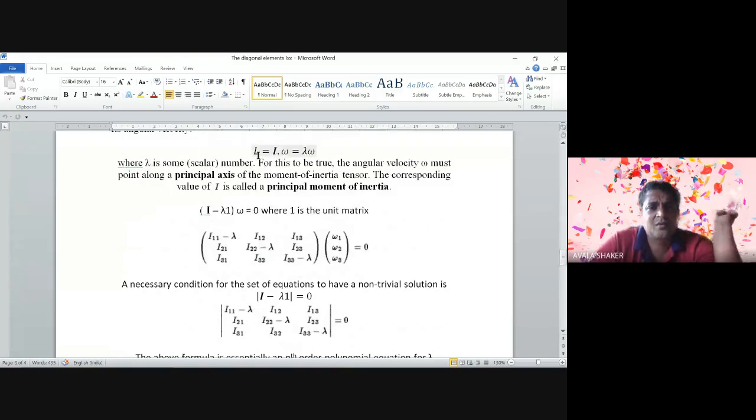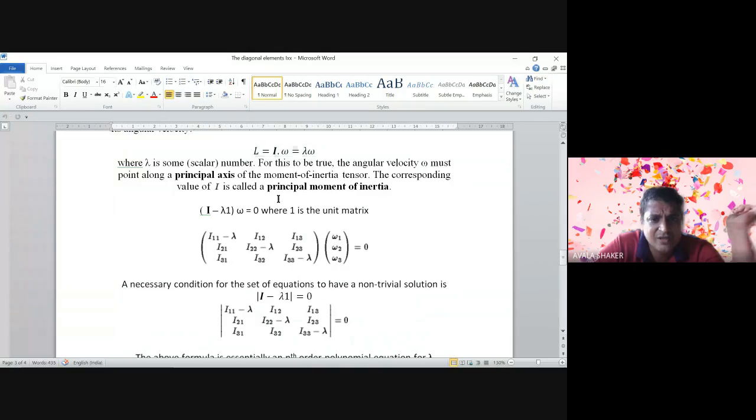Where lambda will be your eigenvalues. I can rearrange this: I omega is equal to lambda omega.